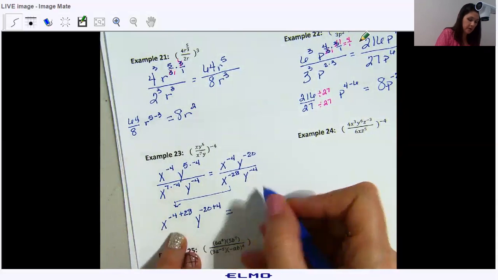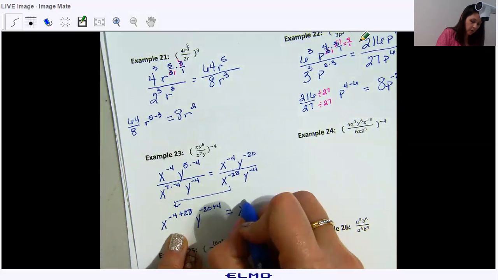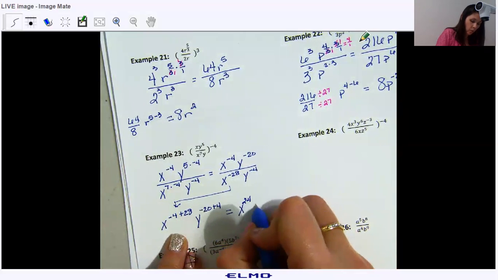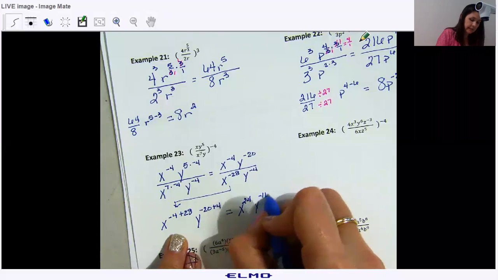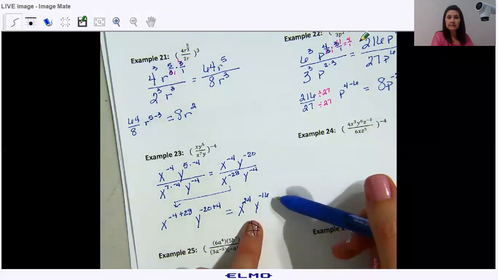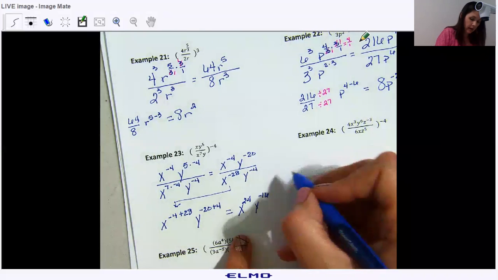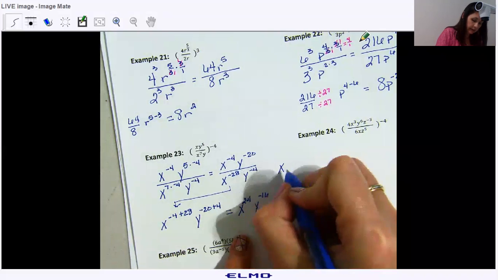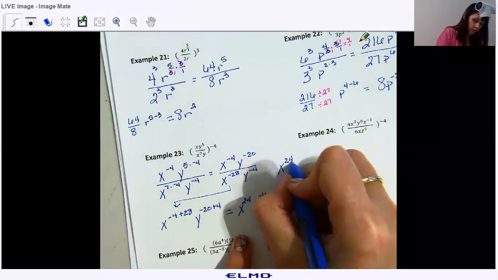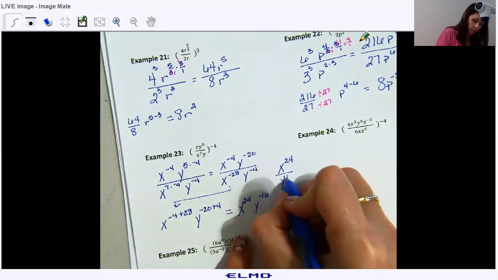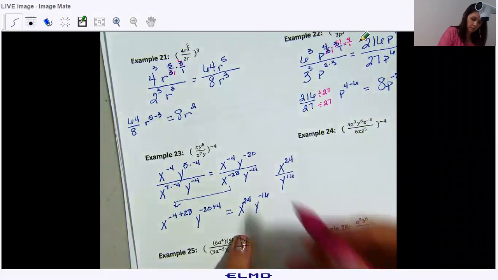So I'll simplify those out. I end up with x to the power of 24, y to the power of -16. And we can't have a -16 there. So we will rewrite this as x to the power of 24 over y to the power of 16.